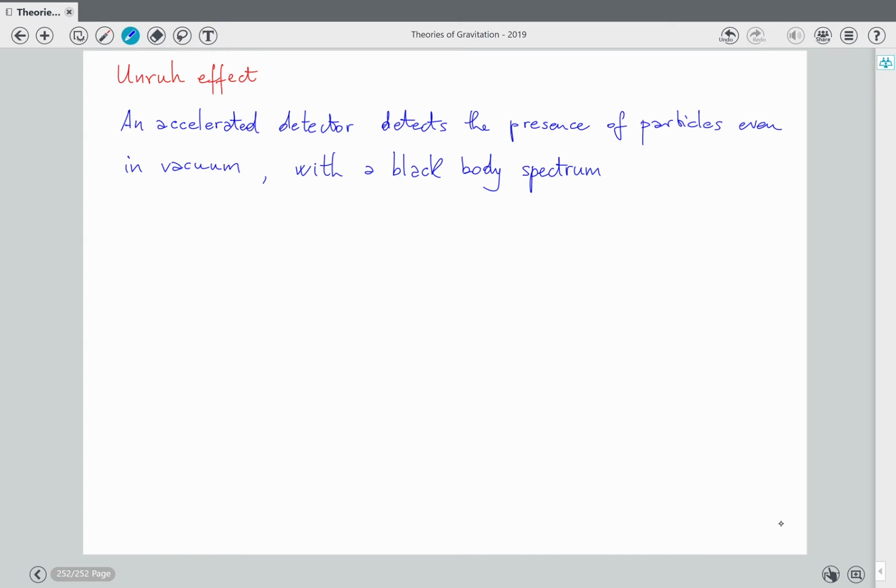So first, how do we describe the detector? We describe the detector as a point-like particle with discrete energy levels.